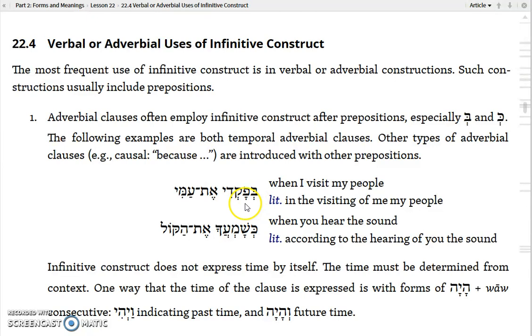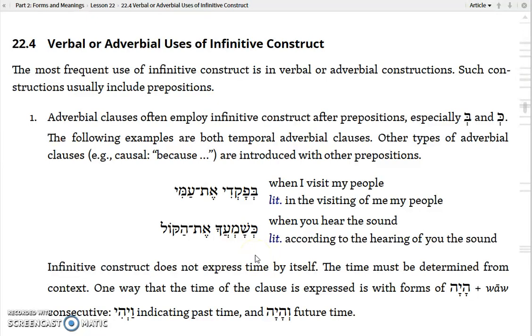Befuk kadi et ami. And that means ba, when, and then the hireq yod pronominal suffix, my, in my visiting my people, meaning when I visited my people, or it could be present, when I visit my people. The context would determine whether it's past, present, or future.